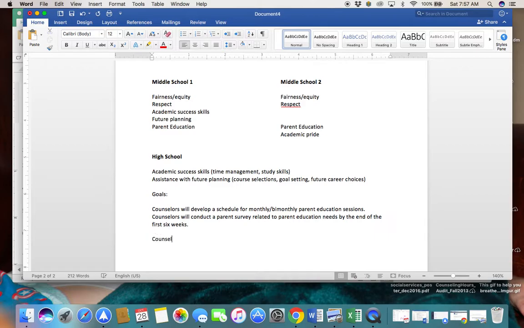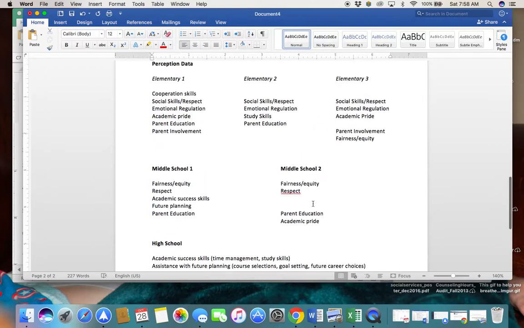But counselors will collaborate with teachers to identify and address student perceptions of fairness and inequity. Now, that really doesn't have a time in there, so you'd want to add that in.